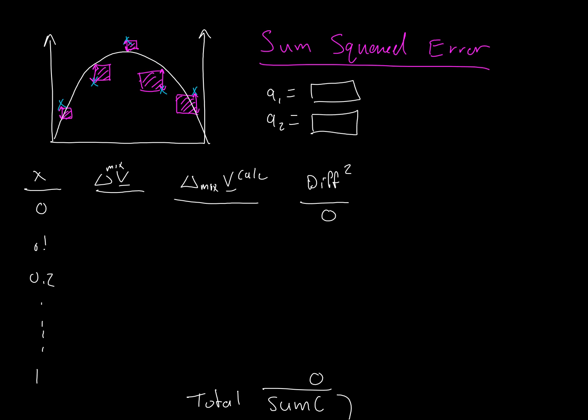That'll be used to calculate this here. And then you take the difference of, this is delta V1, delta V calc 1. So you would have delta V1 minus delta V1 calculated squared.